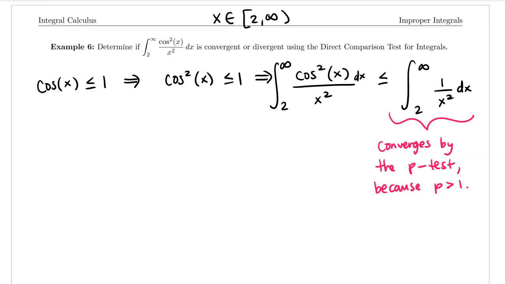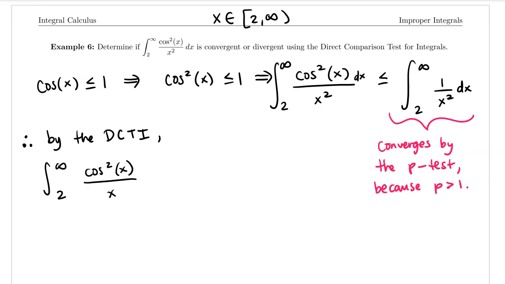So our basically larger function converges, and so therefore by the direct comparison test for integrals, the integral from 2 to infinity of cosine squared x over x squared dx must also converge.